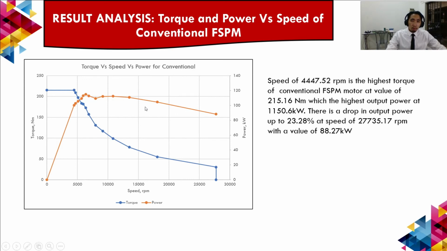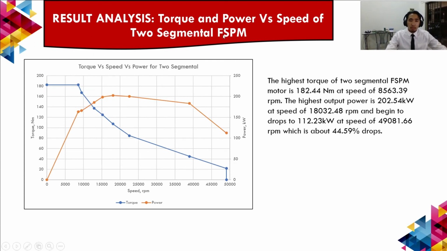Output power drops up to 23.28% at a speed of 27,735.17 rpm, which has a value of 88.27 kilowatt.